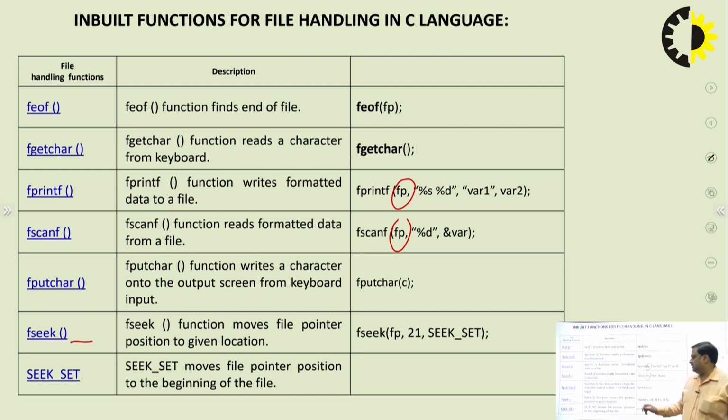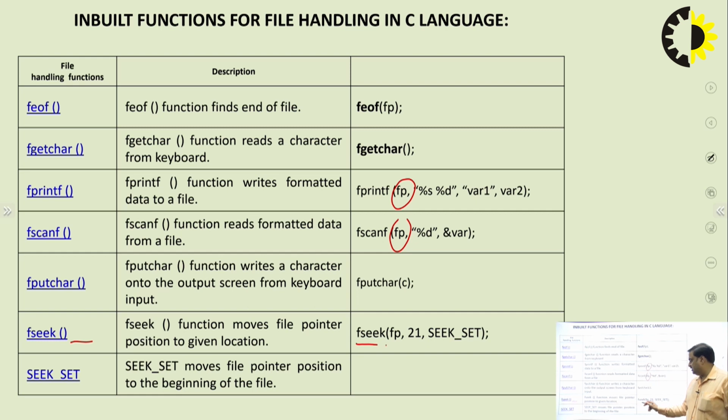The fseek function moves the file pointer to the given location. In case of random access, we can use it, or if we want to read from or write to a specific location, in that situation we can use the fseek function, which moves the file pointer to that location. Now, which location are we going to move to?